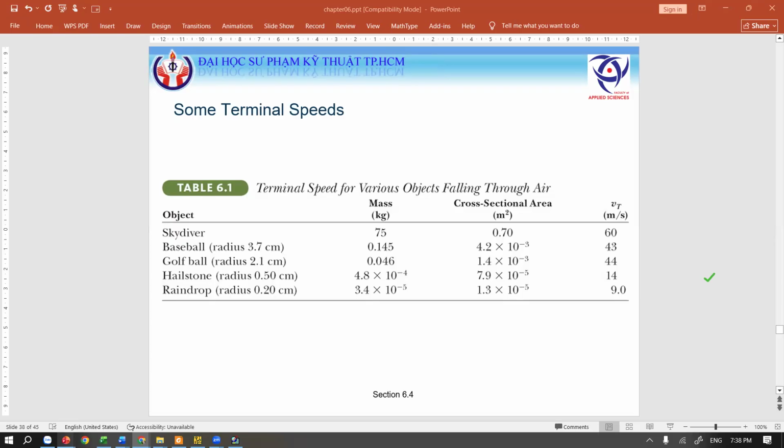Can you type it in the chat box? Yeah, 216 kilometers per hour. Can you drive at this kind of speed? No, don't try that, right?